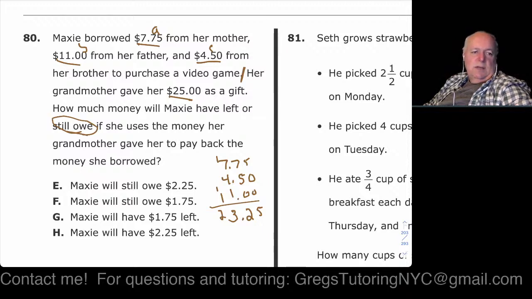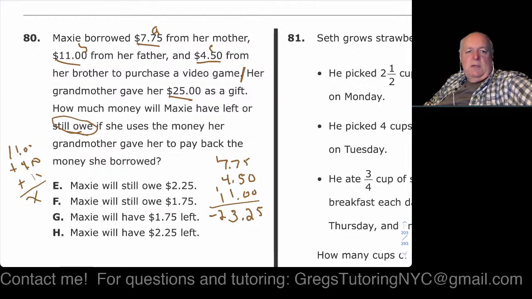In other words, you could do 11 plus 450 plus the 775. And whatever total you get there should also equal 23.25. You can also combine stuff. You can do the 775 plus the 450, get that total, whatever the case may be. In any event, the deal is from $25.